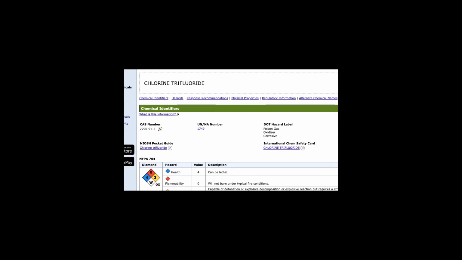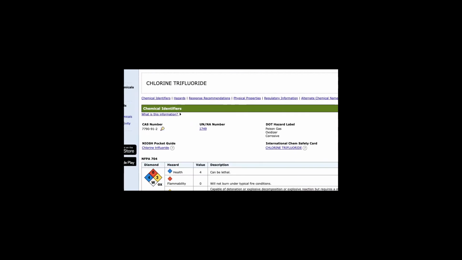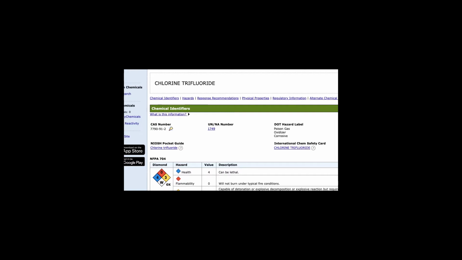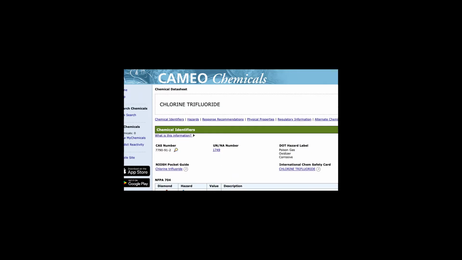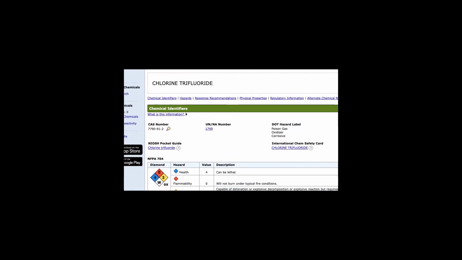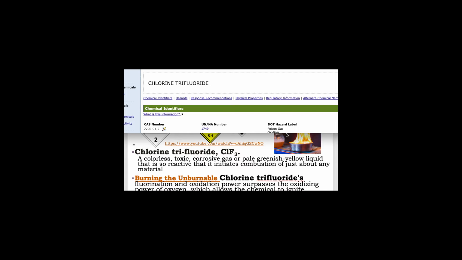And then you can see when we're looking down that the NFPA placard would be not quite viewable. There we go. Well, okay, so 4, it can be lethal. Flammability, will not burn under typical fire conditions. However, that's where sometimes these are really interesting.